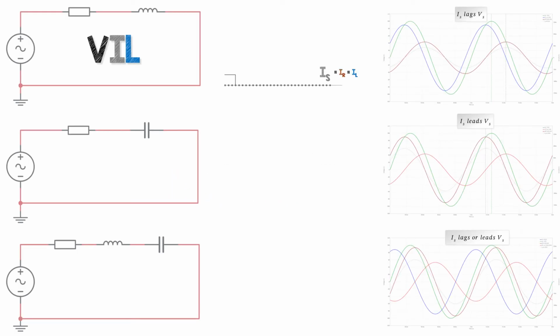So with an RL circuit, a resistor and inductor, we have the common current, IS, and the voltage leads it across the inductor by 90 degrees, but VR and IS must be in phase. We can resolve these vectors to find the supply voltage and find the phase angle by simple trigonometry. It's equal to tan to the minus 1 of VL over VR.